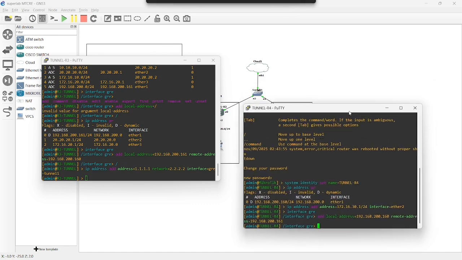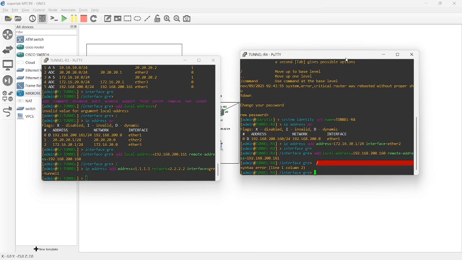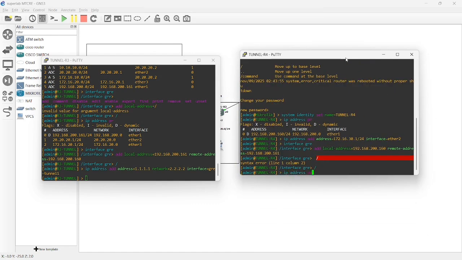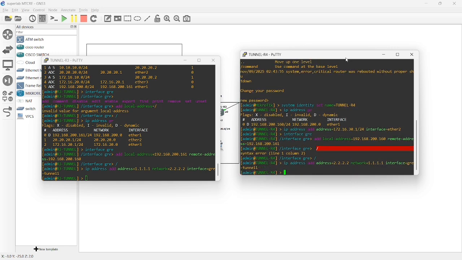Okay, and the router 3 is 1.1.1 and this is 2.2.2 and the network is 1.1.1 and same interface in the gear tunnel. Okay.